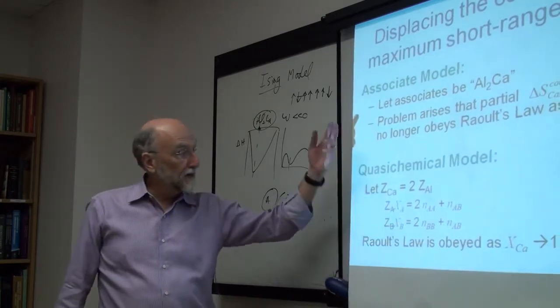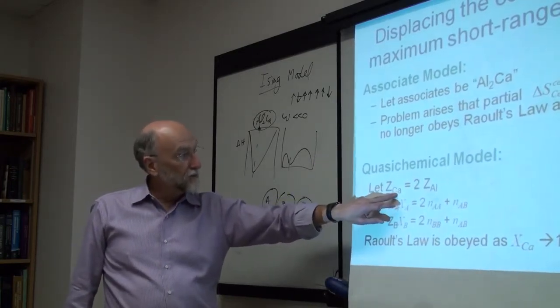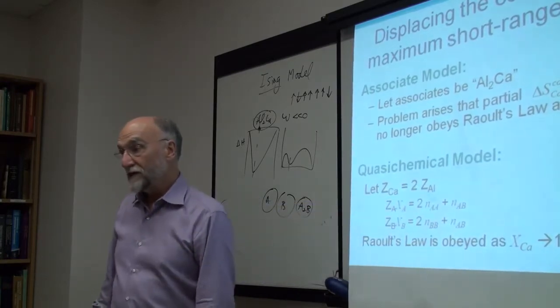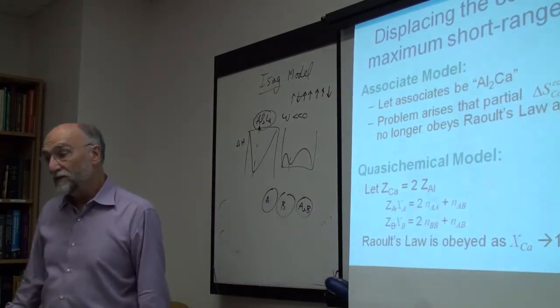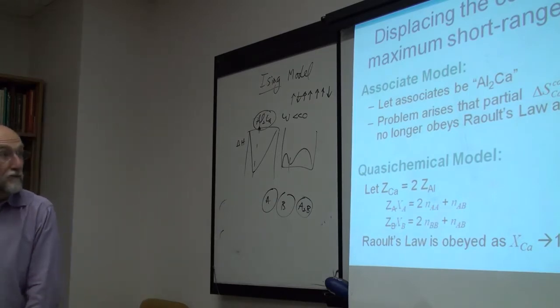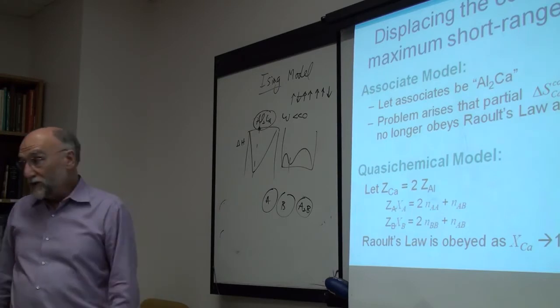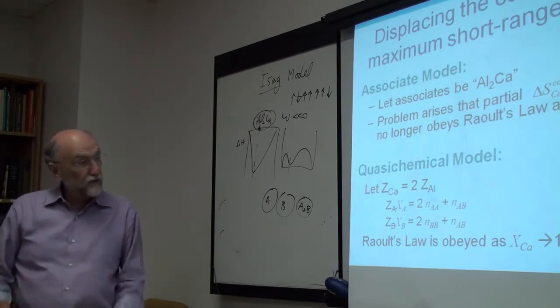Every calcium might have 12 aluminums around it, every aluminum has 6 calciums around it, like the CaF2 crystal structure, where calcium has twice the coordination number of fluorine. So you can imagine a local crystal structure.